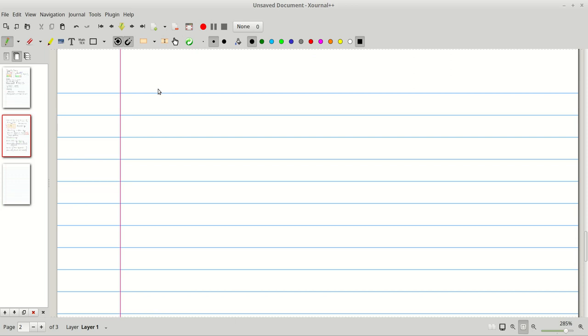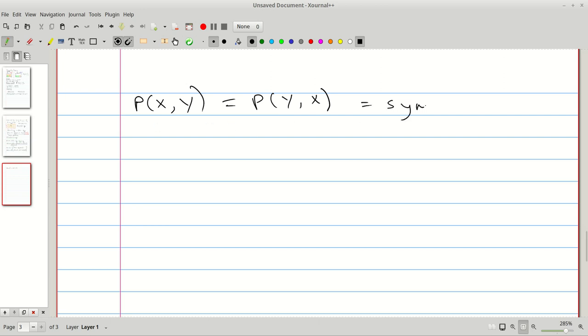If we think about it, we said probability x comma y is actually the same as the probability of y comma x. There's no difference here. There is actually a symmetry relation between these two probabilities. So the probability of x comma y is equal to the probability of y given x times the probability of x.